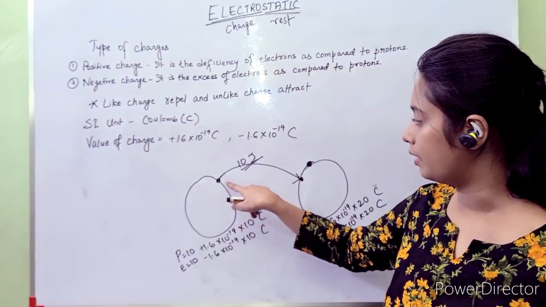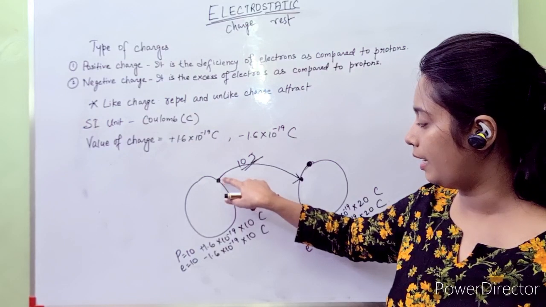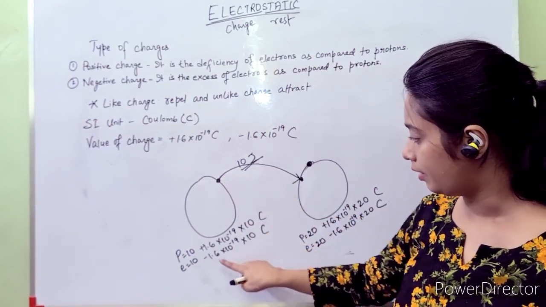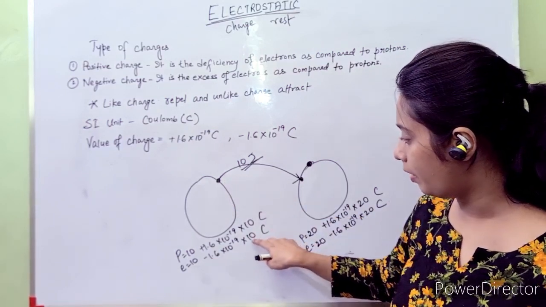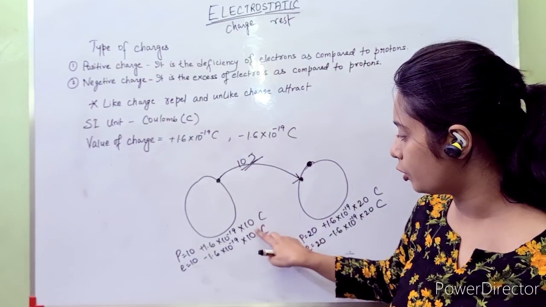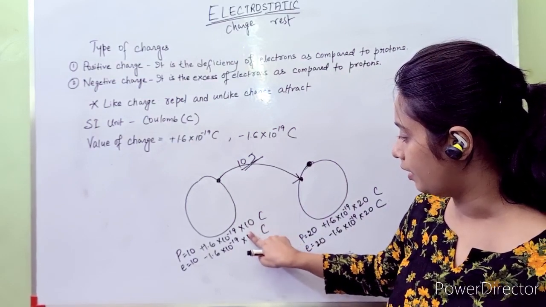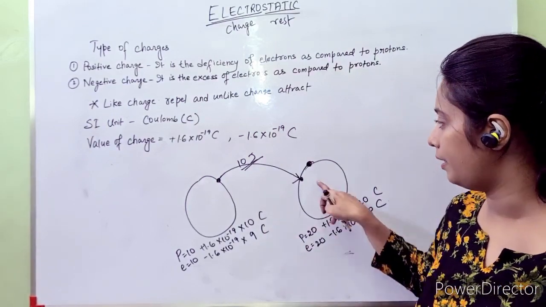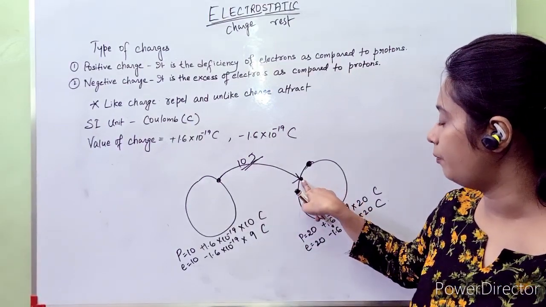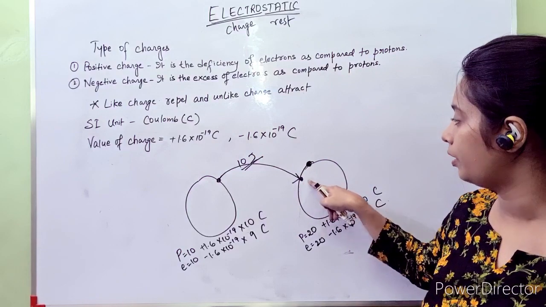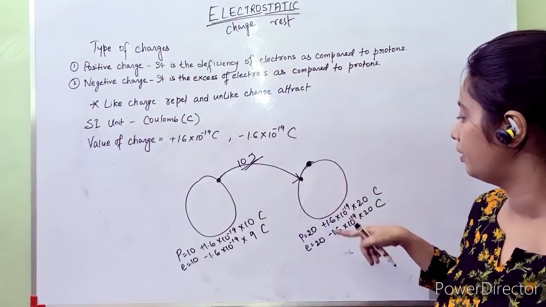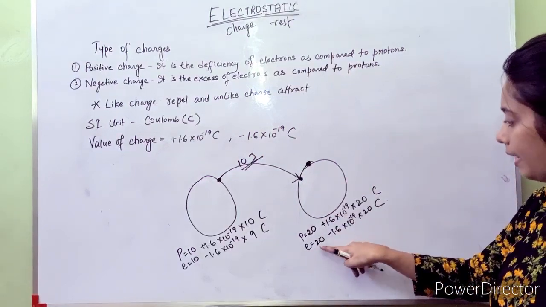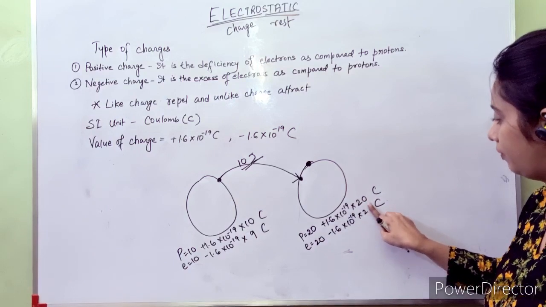Here, due to deficiency of one electron, the number of electrons will reduce. Previously it was 10, now it will reduce to 9. And here, since an electron from outside has jumped onto this atom, there will be an excess of electrons by 1.